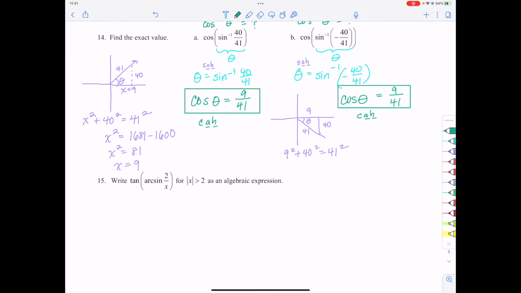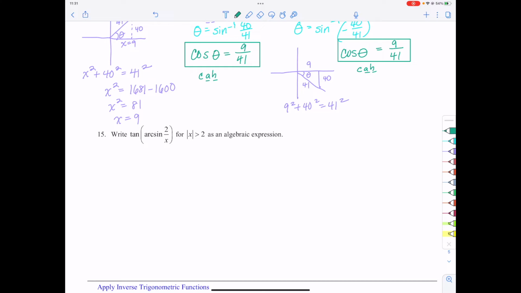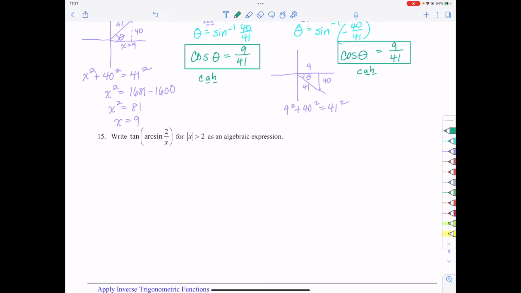Okay, now let's write the tan of the arc sine of 2 over x, for the absolute value of x greater than 2, as an algebraic expression. So actually, we're going to do the same thing we just did. They want us to write the tangent of theta.